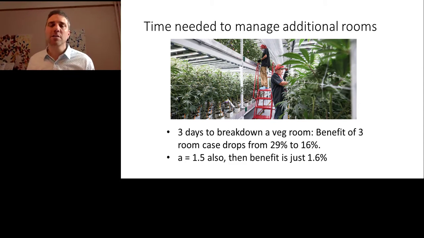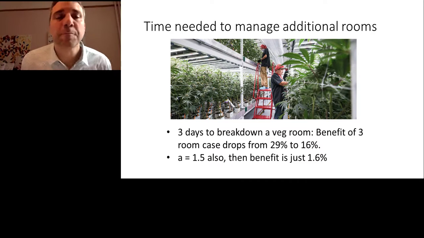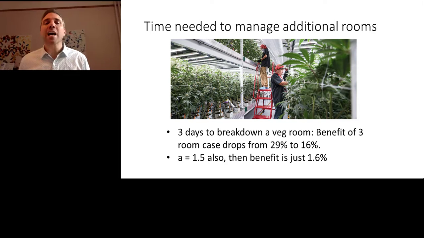But from talking to growers and thinking about this problem, we've definitely realized that there are many other factors that impact the optimization space, right? This model becomes much more complicated. For instance, one of the most important is the time needed to manage additional rooms. Every time I start a new room, or add a new room, I create labor needs.